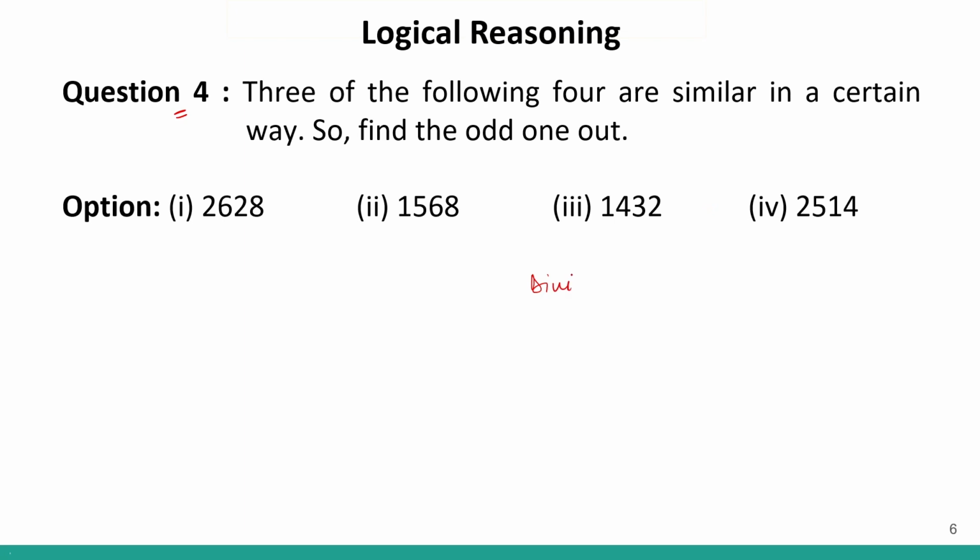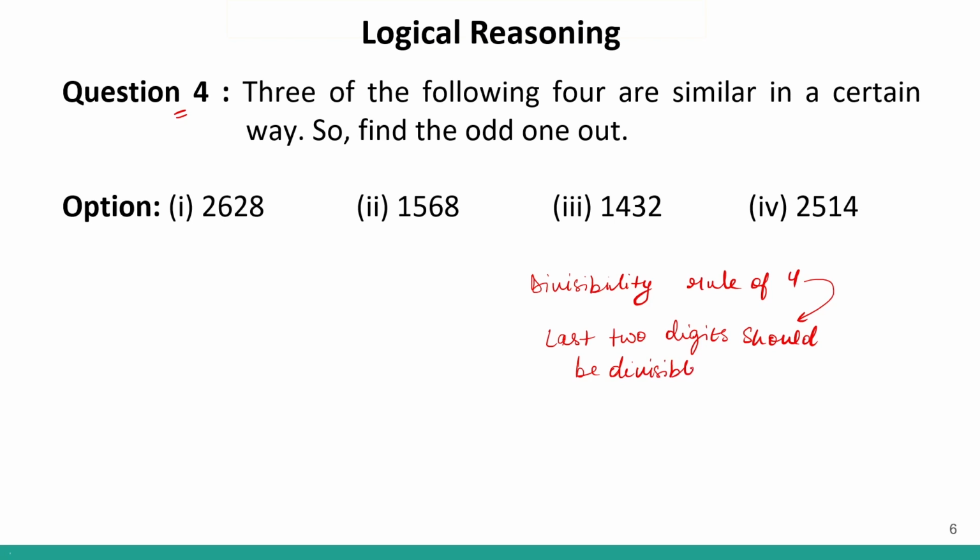What is the divisibility rule of 4? This you should know: the last two digits, or the end two digits, should be divisible by 4, or they should be 0 0.